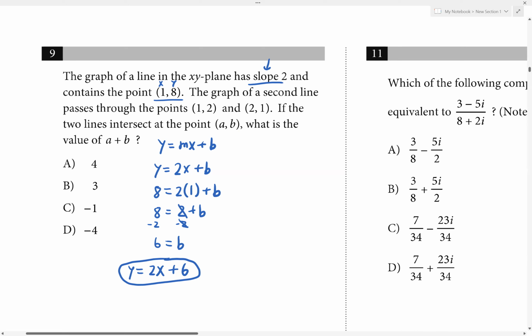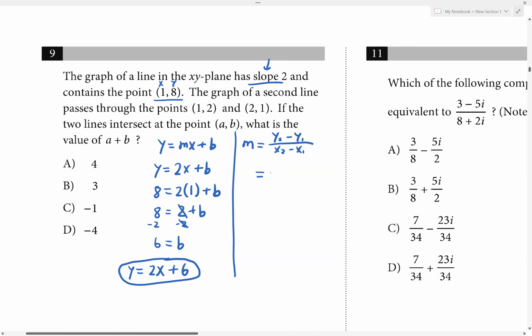That will be the equation for the first line. And for the second line, we have to go through these two points. We don't know what the slope is, but we can solve for the slope first, using the slope formula because we have two points. m equals y2 minus y1 over x2 minus x1.